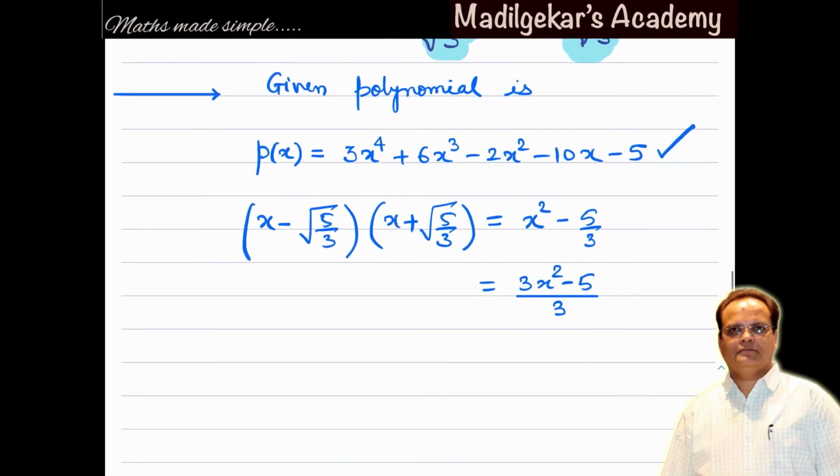So we may say 3x square minus 5 is one factor of the polynomial p of x.